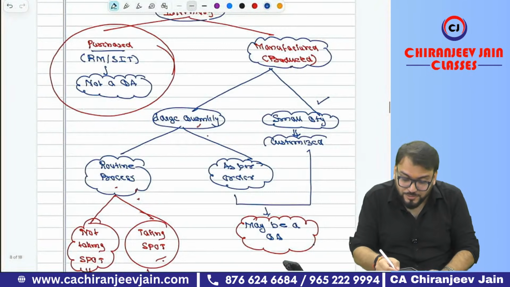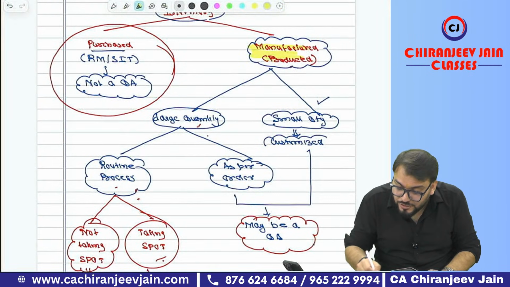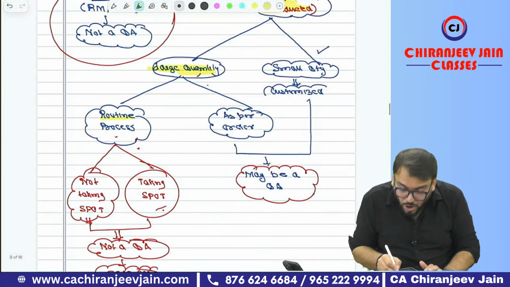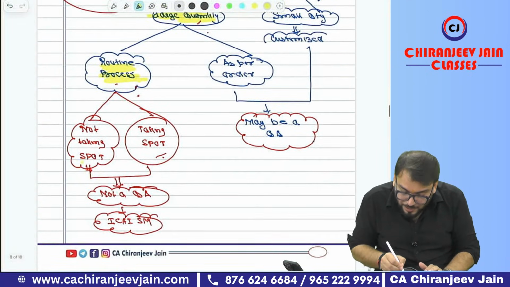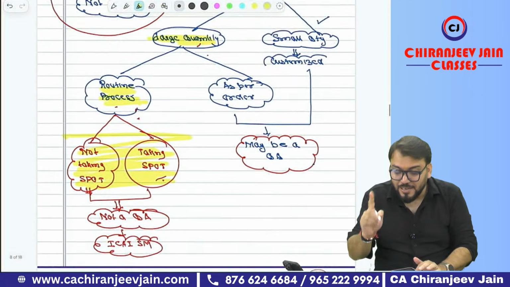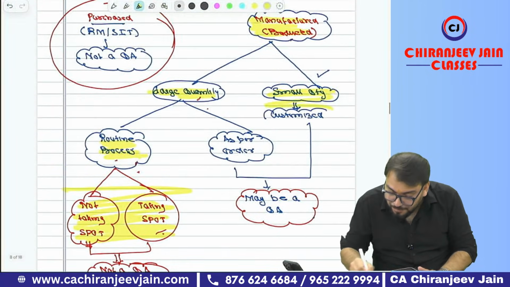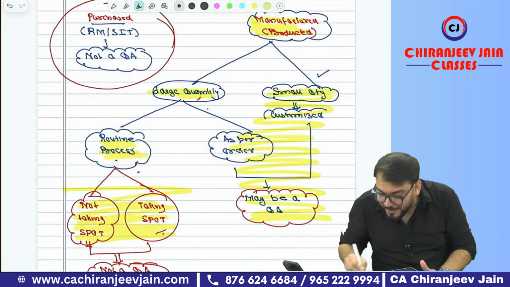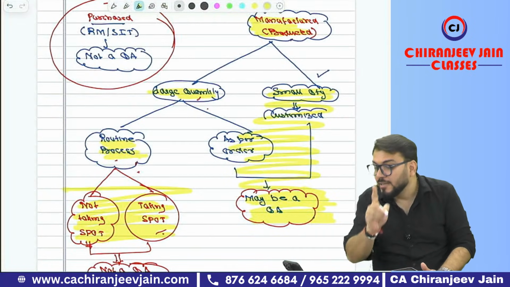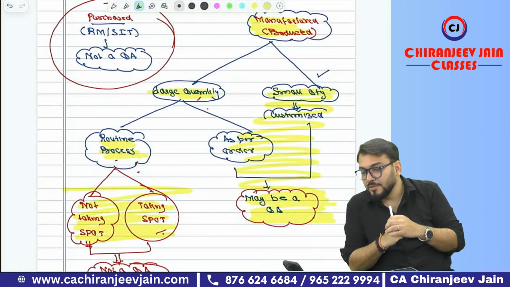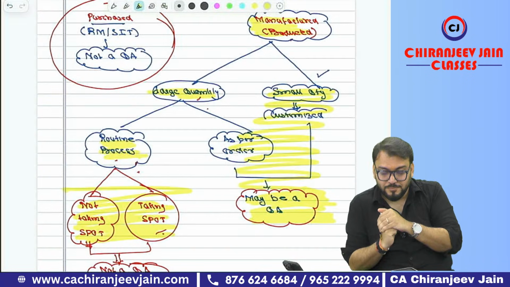Means any inventory manufactured or produced in large quantity on a repetitive basis will not be a qualifying asset even though it takes a substantial period of time. Understood? Now you understood?